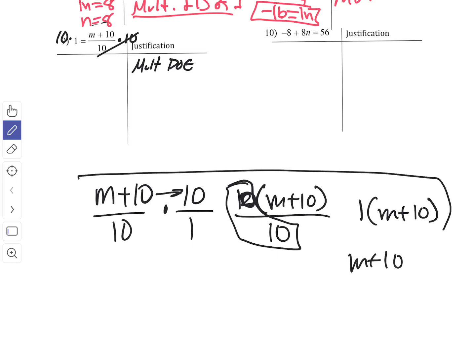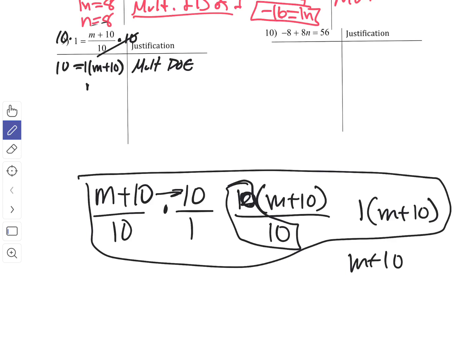So I fear when you say canceling out, you don't understand why that stuff is canceling out, which is why I like to put that extra step in there for now, because I think it's useful to recognize what is actually going on.